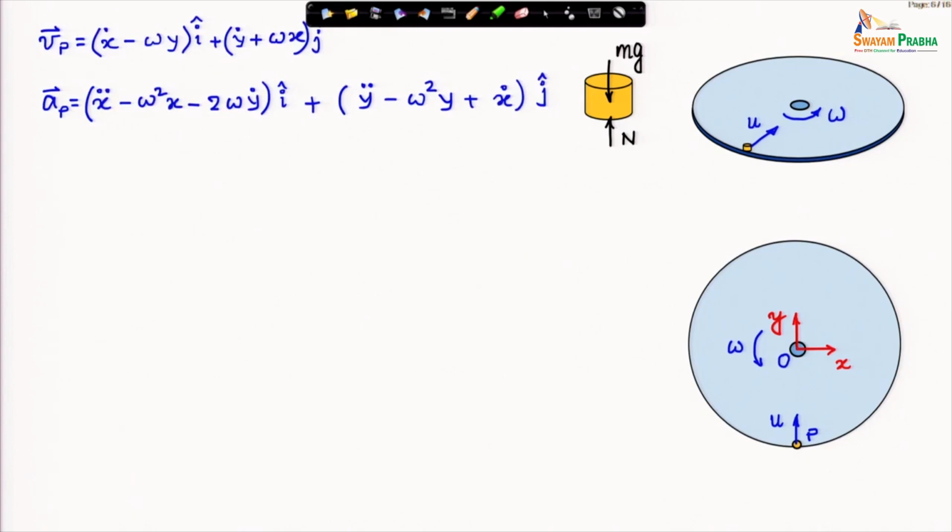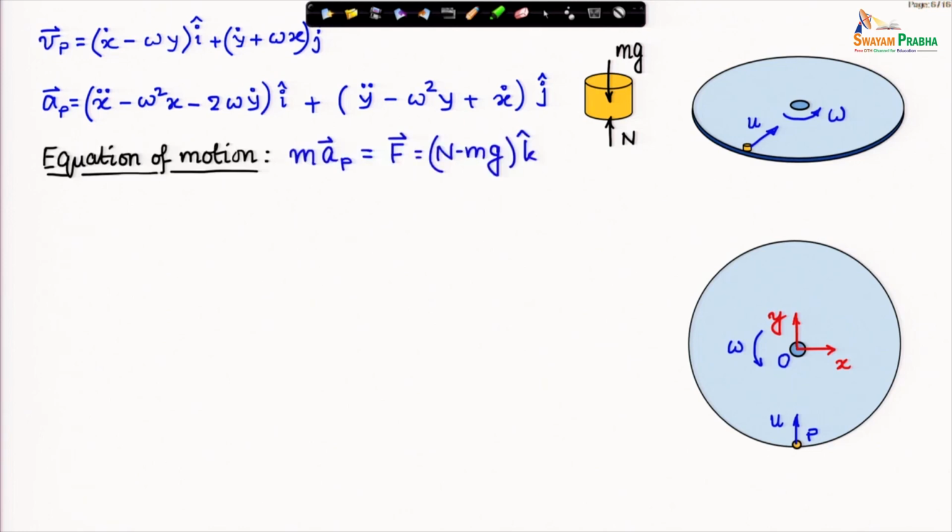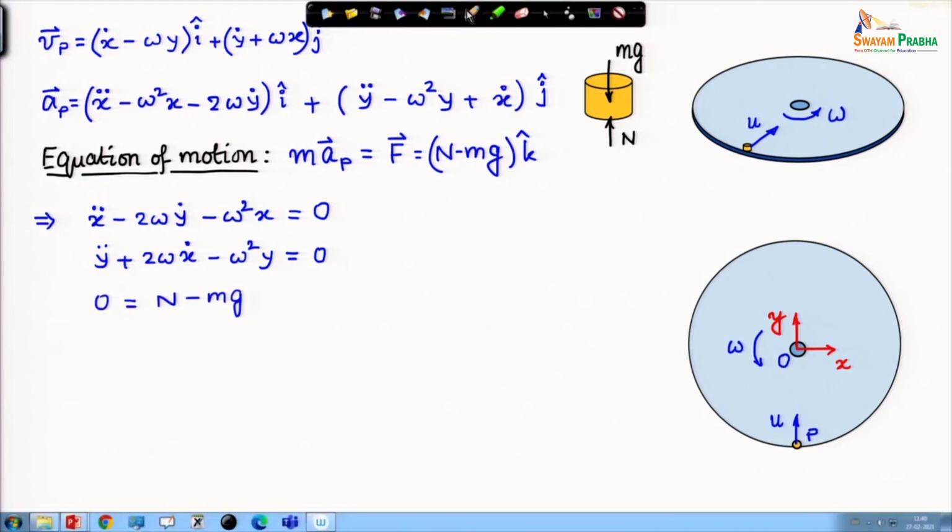Now, the kinematics is set, we will move to the equation of motion. Mass times acceleration of the particle is equal to the net force acting on the particle, which is simply the weight and the normal reaction. Now, look at the components. The i cap component, j cap component and k cap component.